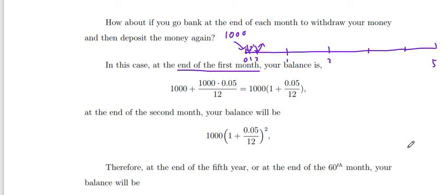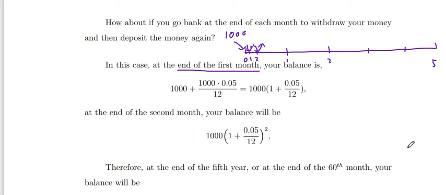So your balance is your deposit or principal, 1,000, plus your 1 month interest, right? Your annual interest is $50, 5%, so 1,000 plus 5% is $1,050. But 1 month is just 50 divided by 12, right?